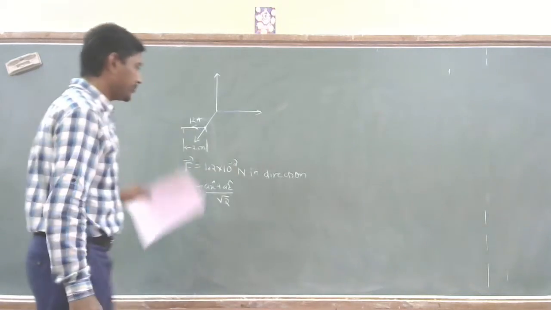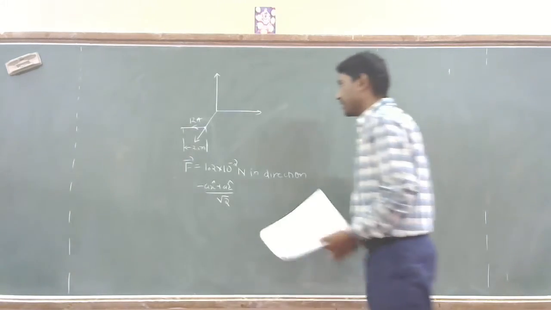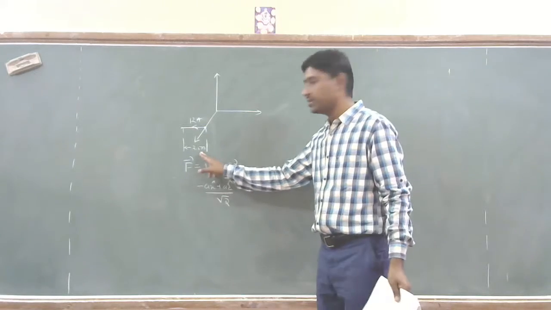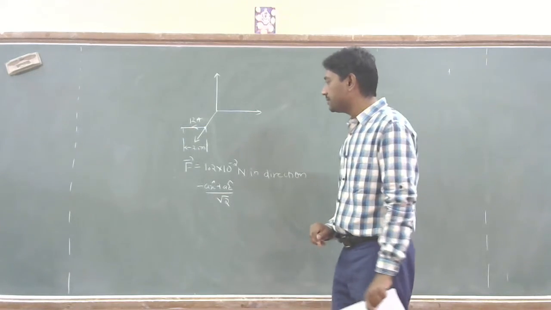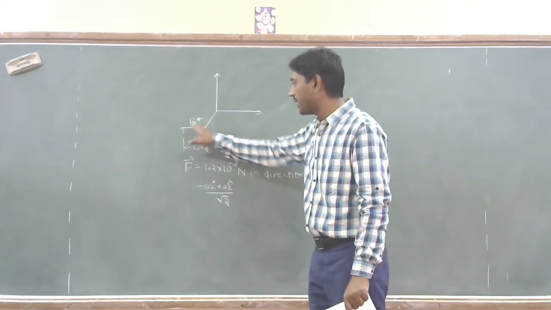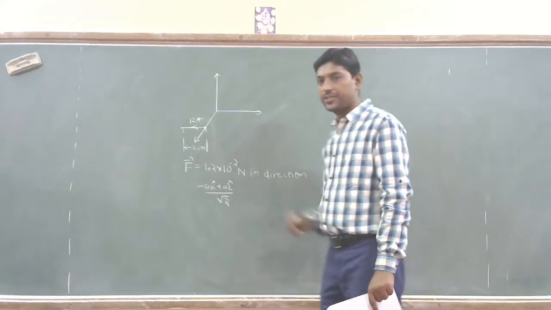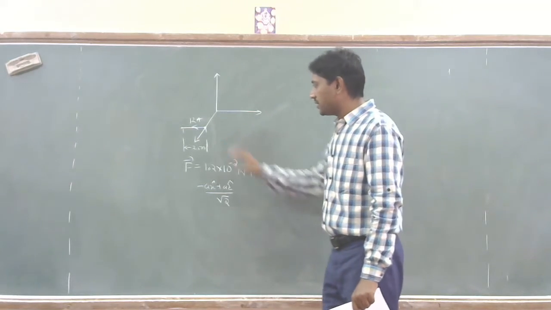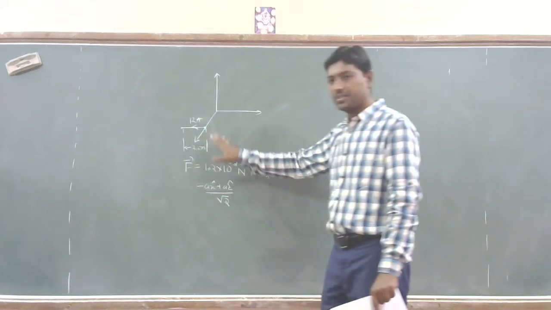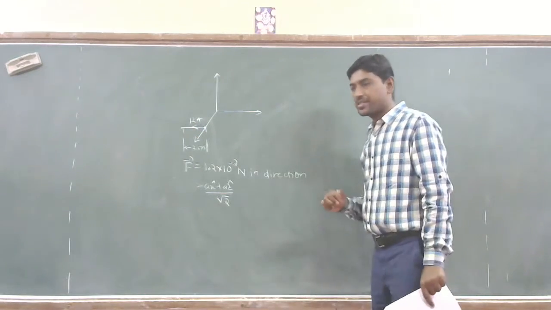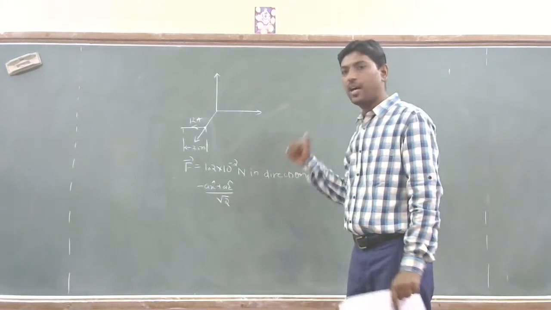So this is the arrangement. The problem statement is you have a conductor of 2.5 meter length, carrying a current of 12 ampere in the minus a1 hat direction, and this particular conductor or filament is placed in the magnetic field B, which is unknown to us.